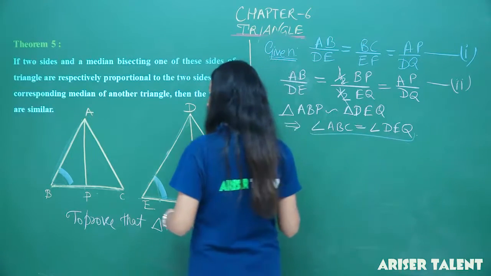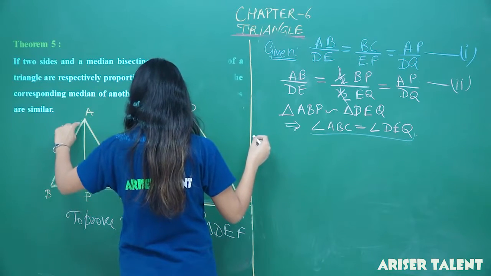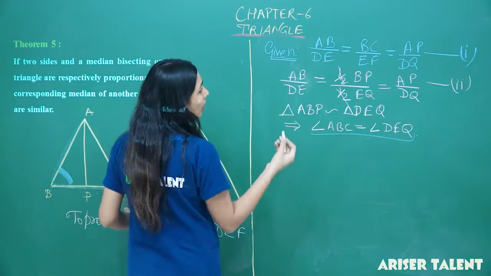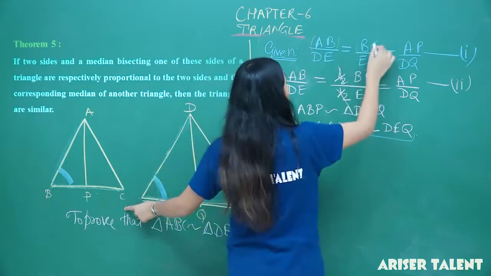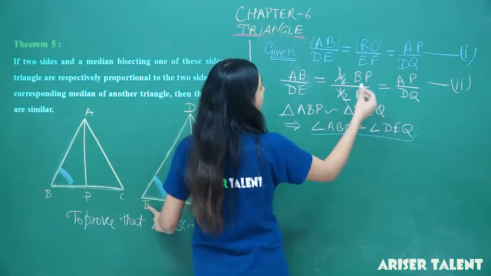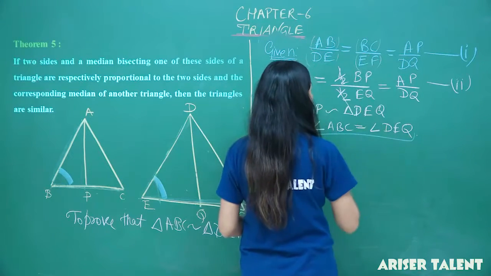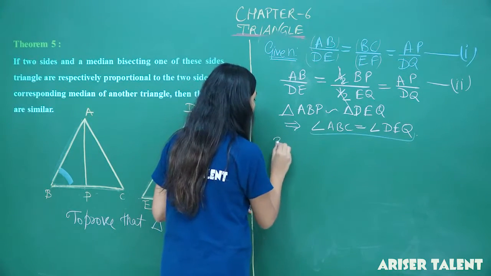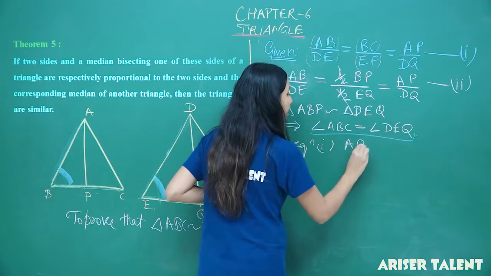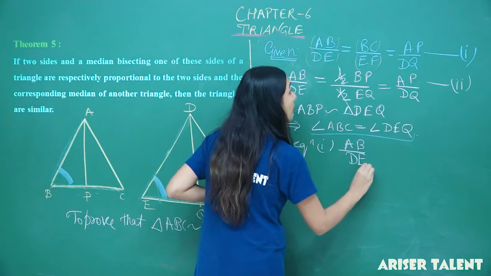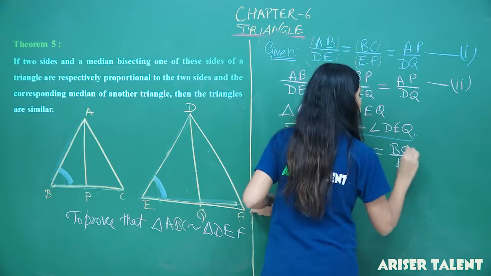So, I have to prove that AB by BC. Now, I have AB here and BC here, and DE here, and EF here. By equation 1, AB by DE is equal to BC by EF.